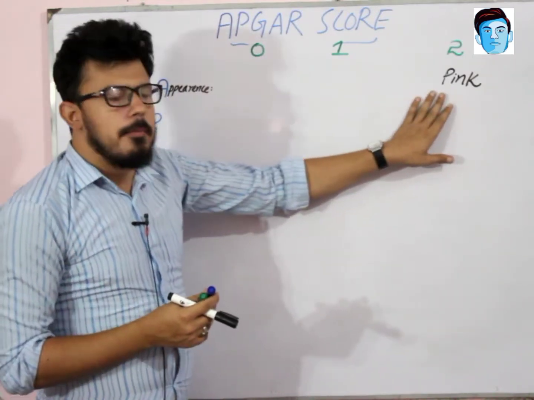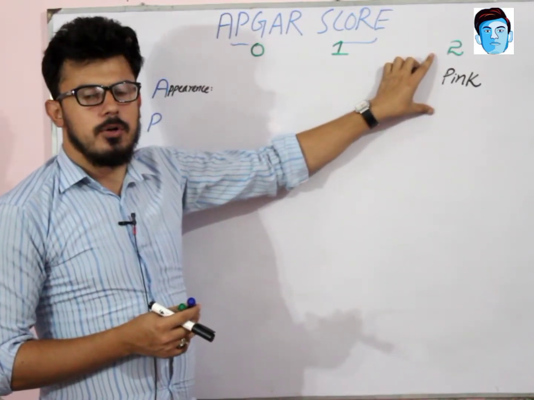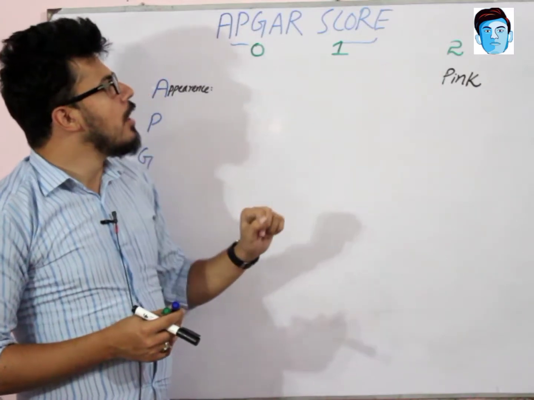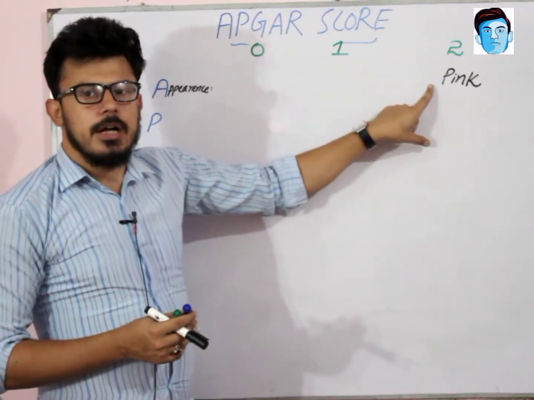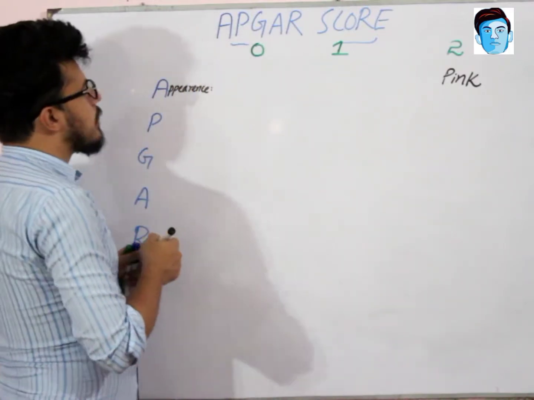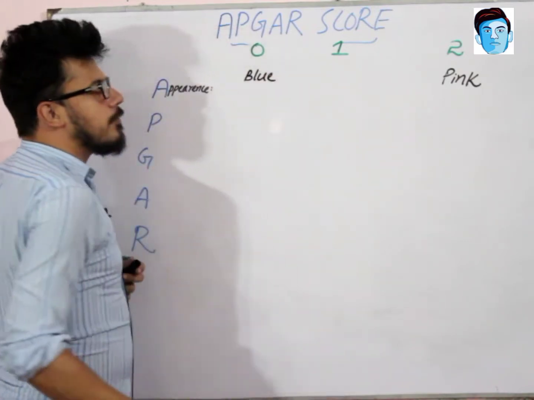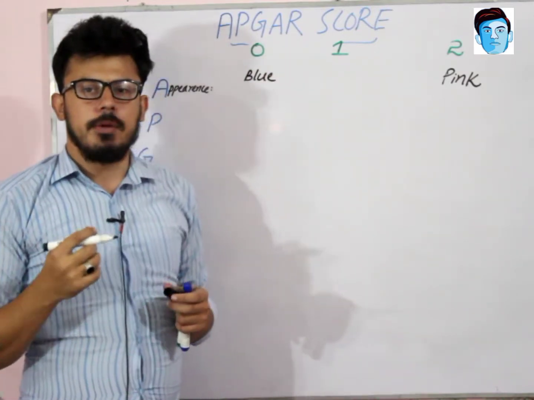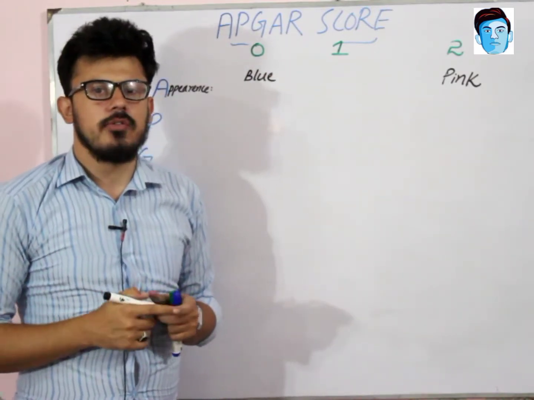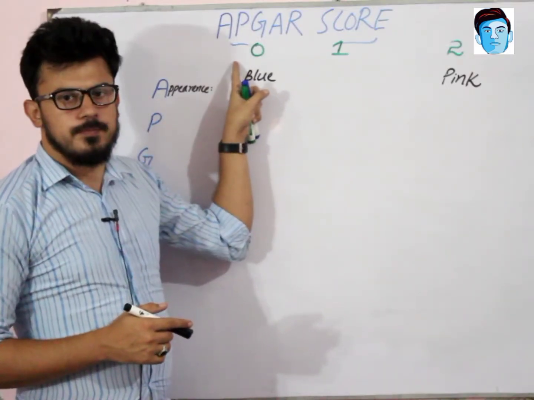That's why we put pink in the number 2. So it means that the condition of the baby is best. But if the child is blue, it means the child's condition is very bad, the worst condition of a child. So here we will put it in a 0.